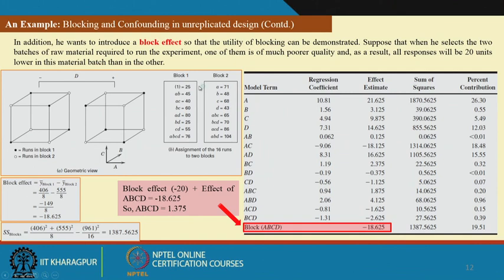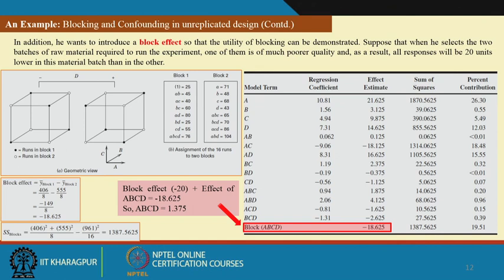Now, your first question is how do we assign these 16 runs to block 1 and block 2, 8 per block. That concept we have already discussed.